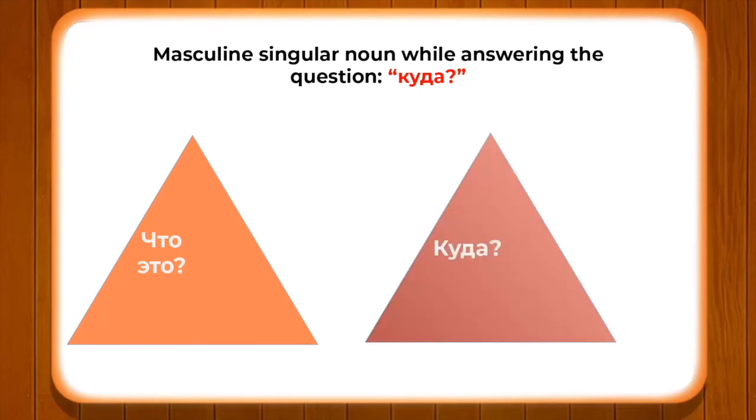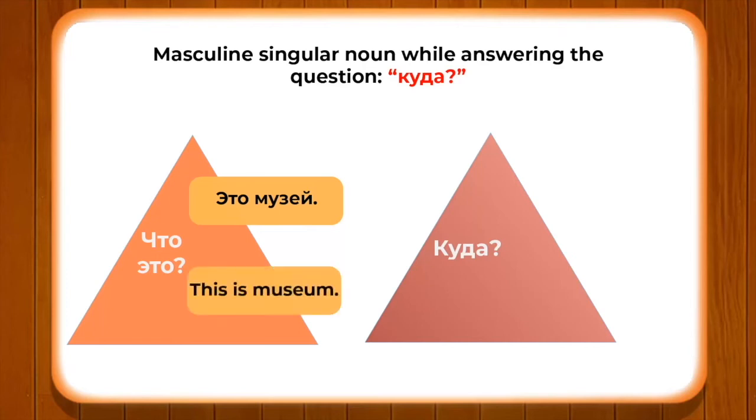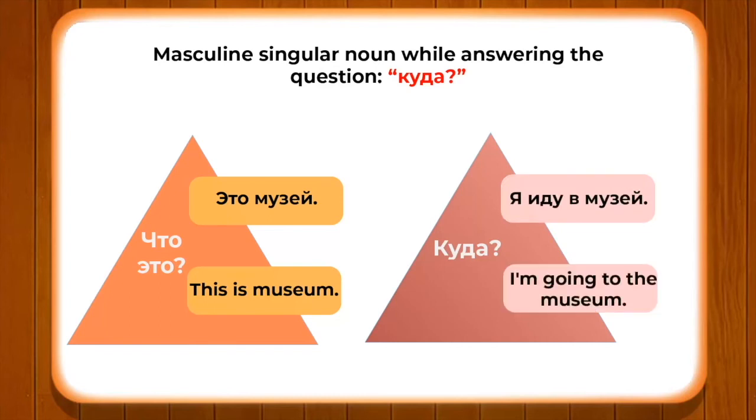Что это? Это музей. What is this? This is a museum. And if I want to ask the same question with куда, I would say: Куда ты идешь? Where are you going? Я иду в музей. I am going to the museum.